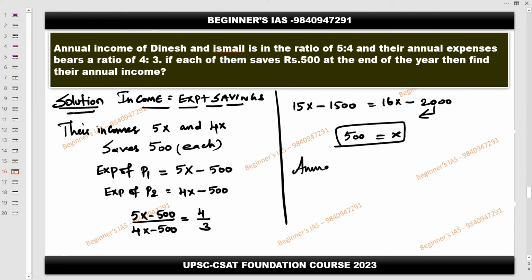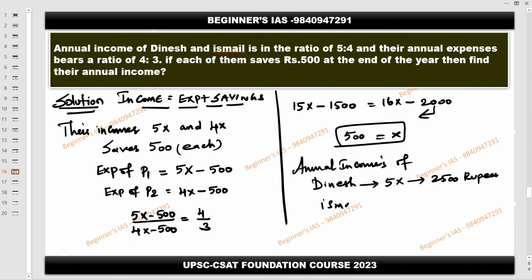The annual income of Dinesh is 5x, so obviously it is going to be 2500 rupees. Then Ismail is 4x, so obviously this is going to be 2000 rupees.